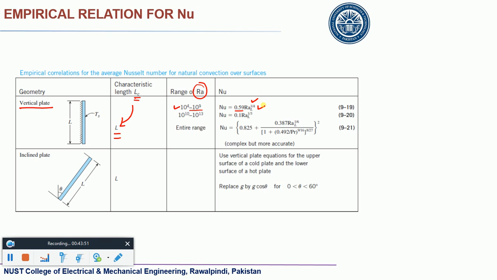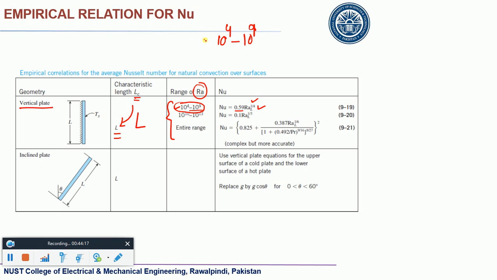Now, is it visible to you at the end? Okay, let me write down the relationship for you. This characteristic length is L, the length of this plate. There are three relationships, three ranges of the Rayleigh number. First range is for 10⁴ to 10⁹.